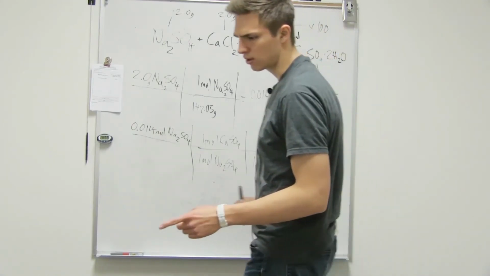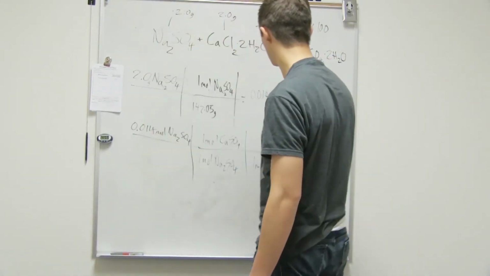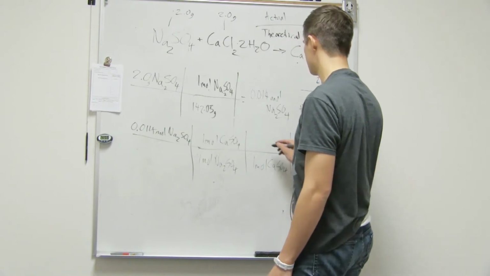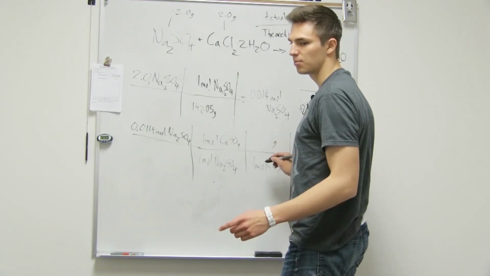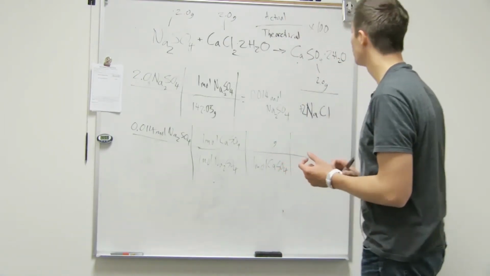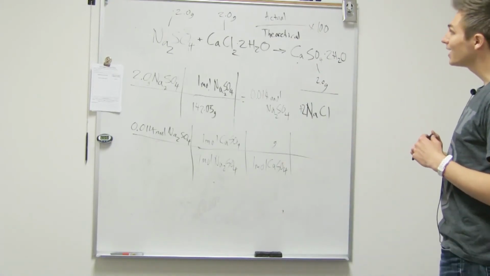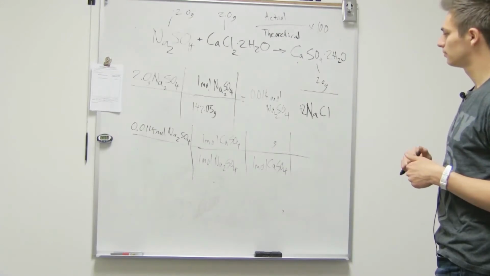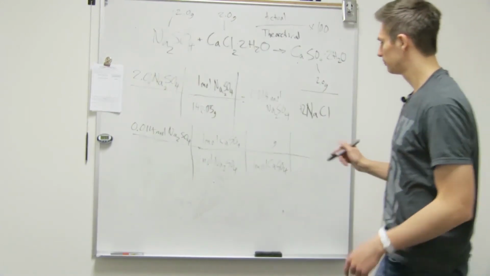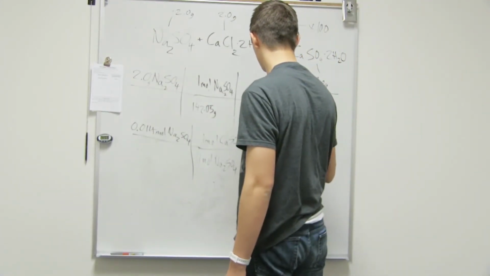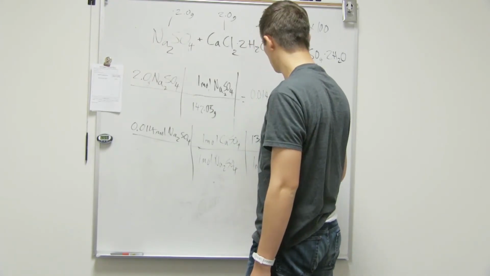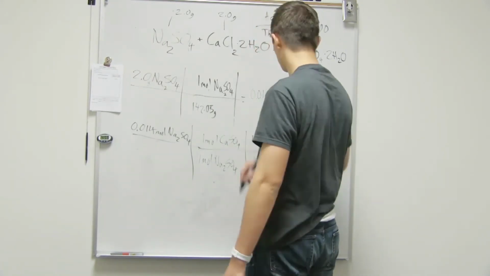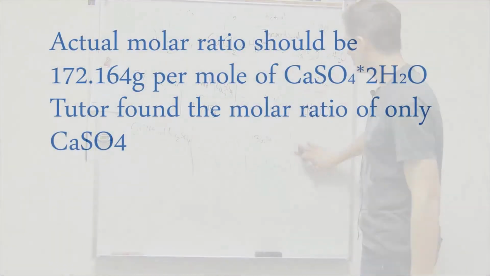CaSO4. So we need to find out how many grams that is on the periodic table. Once we have that, we'll know how many grams theoretically we should get. It's 136.14. 136.14, you said? Yes. Cool.